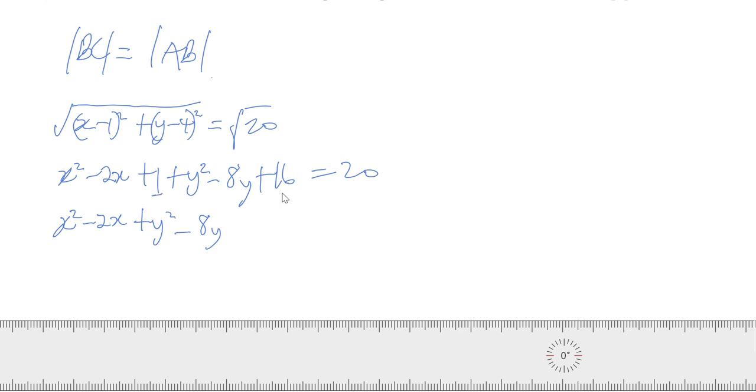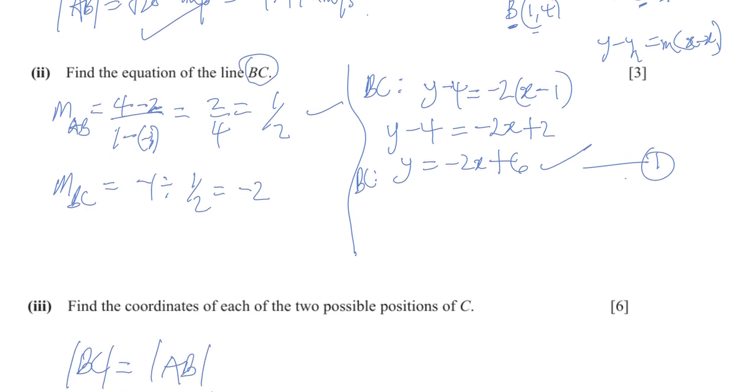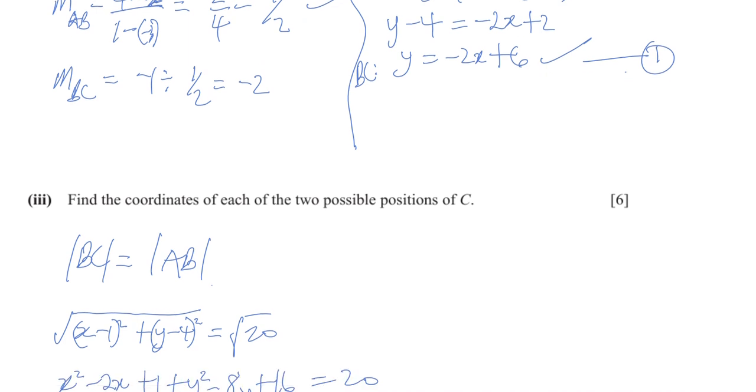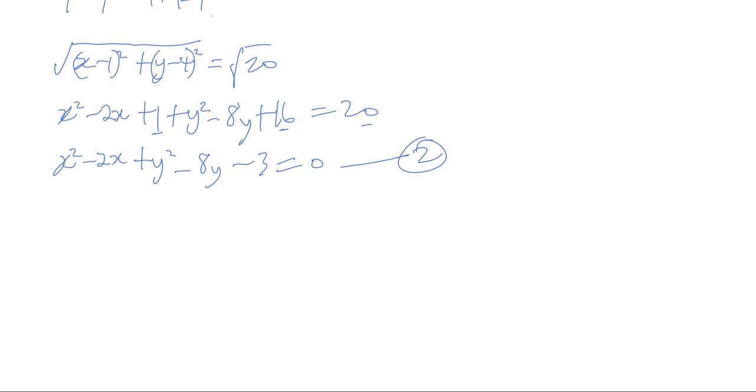Now 1 plus 16, that's 17. 17 minus 20 gives you minus 3, equals 0. Let this be the second equation, and the equation of BC, let it be the first equation. We want to solve for the coordinate of C, the value of x and the value of y. So solving equation 1 and equation 2 simultaneously will give us those values.